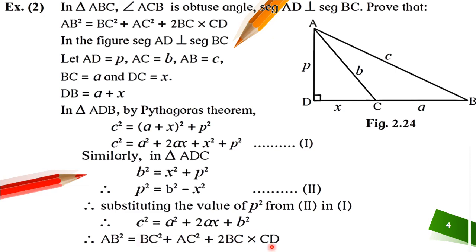When we had a side opposite to the acute angle, you had a negative sign, and when you have an obtuse angle, you have a positive sign, and BC, CD, those two things also change a bit according to the diagrams, the acute angle or obtuse angle cases. So these are the two relations we found between the side opposite to an acute angle or obtuse angle and the remaining two sides of a triangle.